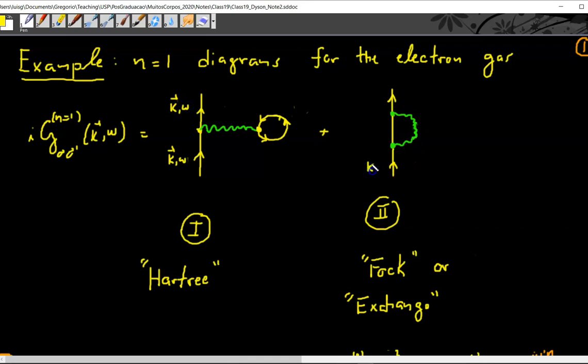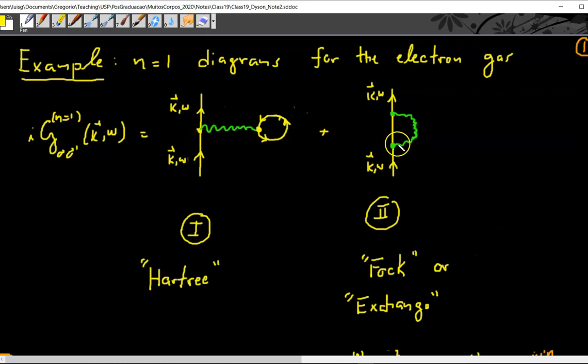Same here. Same here. And now we conserve momentum at each vertex and energy in each vertex as well.